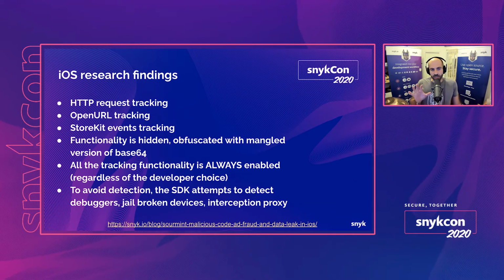It was also hidden, obfuscated with the base64 encoding I mentioned, which is not the standard base64. It's a mangled version of base64. When you looked at the code and the binary, you wouldn't immediately see anything suspicious.